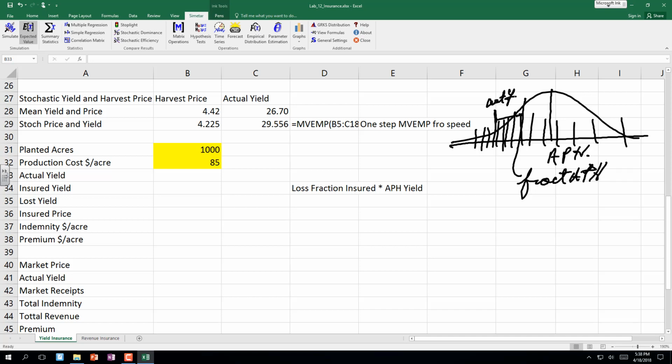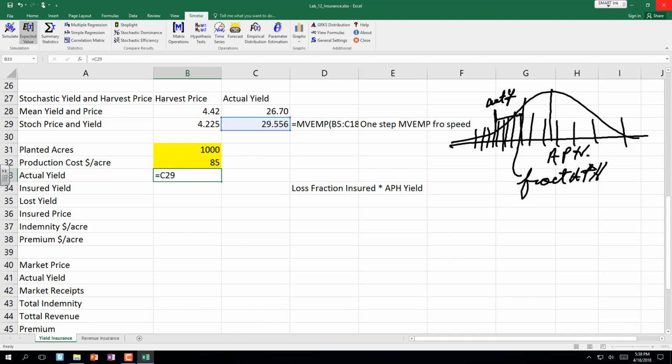So I need an actual yield, and that's the first thing it asks for here, equal, and it's going to be that 29.556. Now, in a statistical sense, what you wouldn't say is actual yield, but you would say it's the realized yield. It's the yield that we actually realized that year.